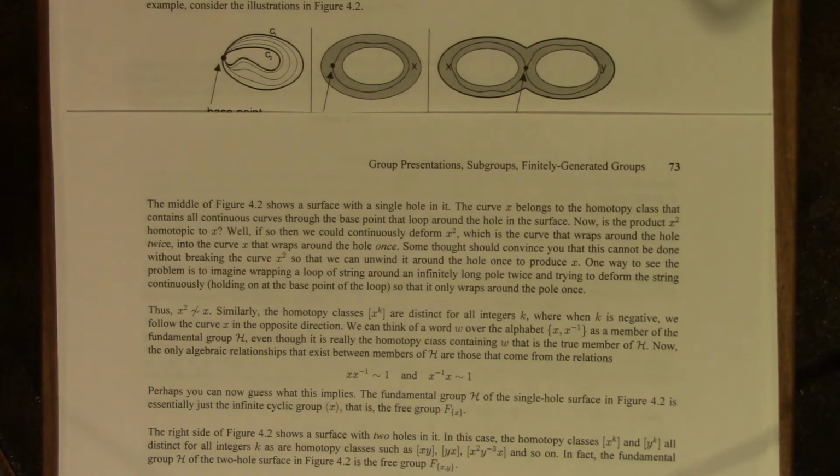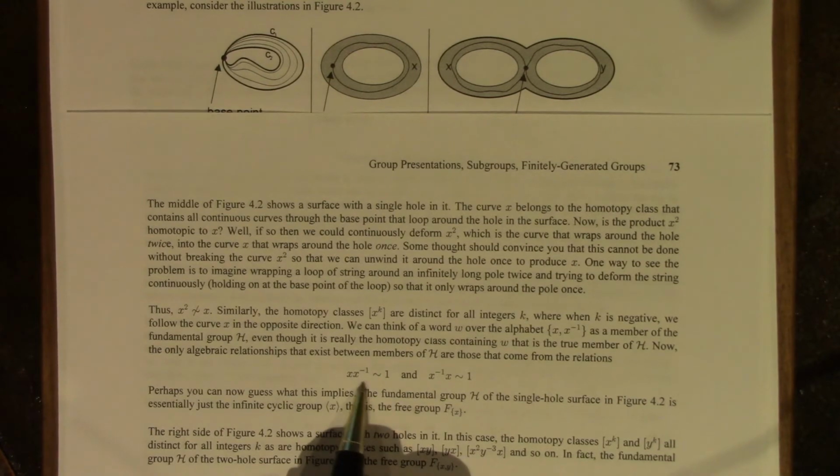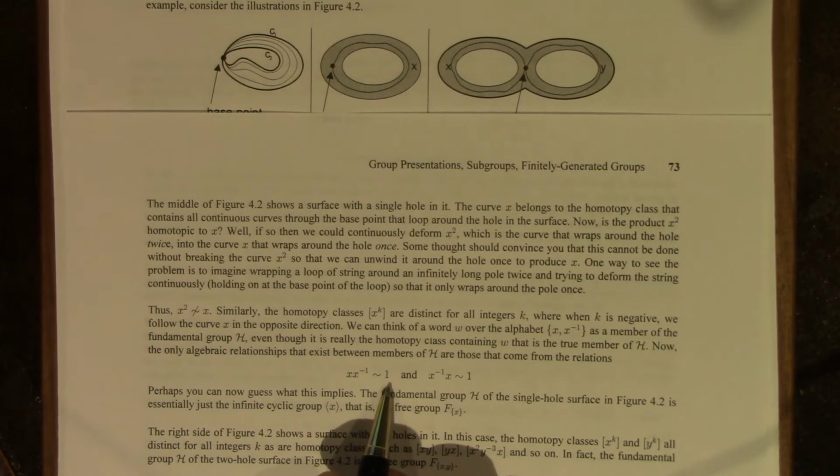Now, the only algebraic relations that exist between members of this fundamental group are the ones that come from these two relations. XX inverse is homotopic to 1. If you travel around X, then reverse and go around X again, you haven't gone anywhere.